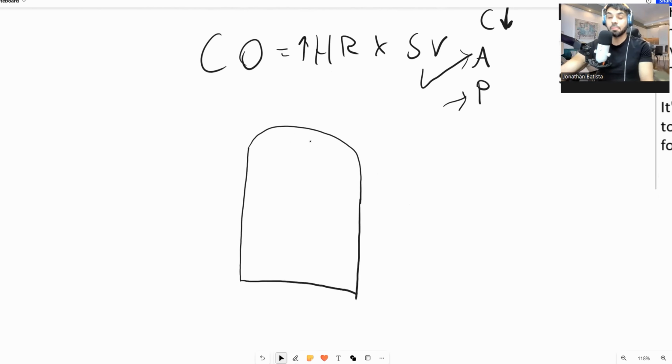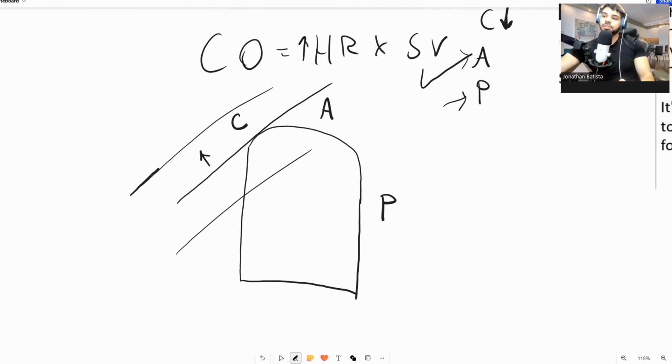CAP system, if you've ever seen this chart, this graph before, take a look at this. Contractility is measured on this plane. So increased contractility should be increased here. Remember what I said, contractility, a lot of things can manipulate it. We just mentioned preload manipulating it as well. Afterload is measured here on this plane.